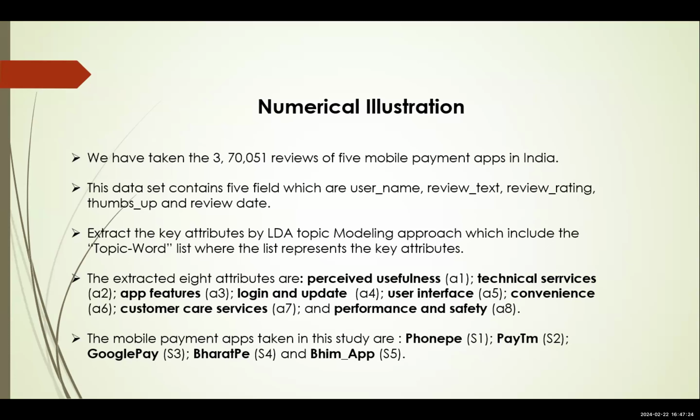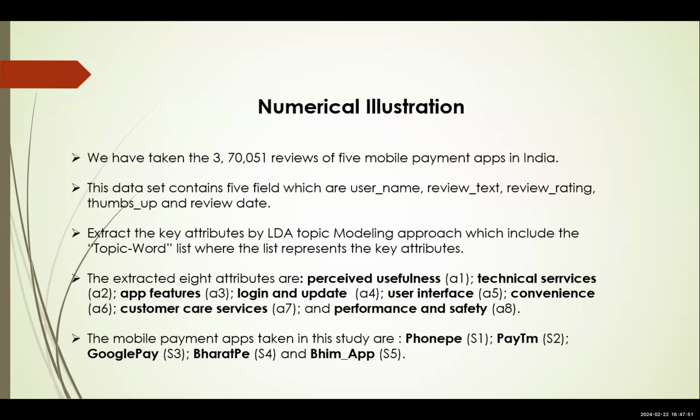These are the 8 attributes: perceived usefulness, technical services, app features, login and update, user interface, convenience, customer care services, and performance and safety, which are the main features we extracted from the LDA. These are the attributes which our customers are concerned about before using the mobile payment apps.